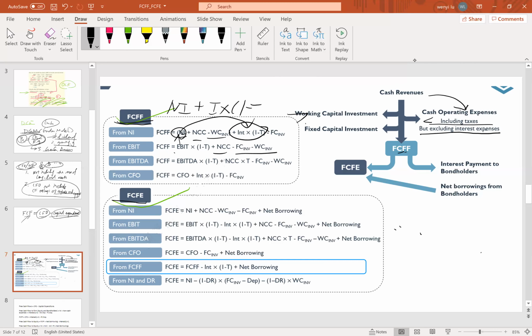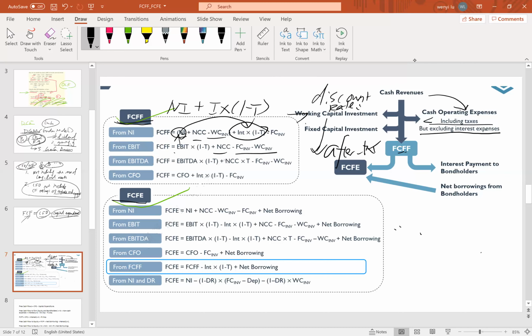1 minus T. And also in future studies, when we do the valuation for a company, our cost of capital is our discount rate. Our discount rate is the cost of capital. The cost of capital is the after-tax cost.